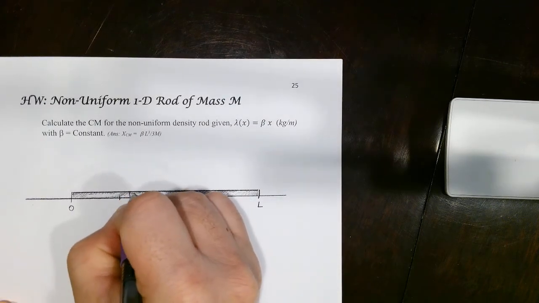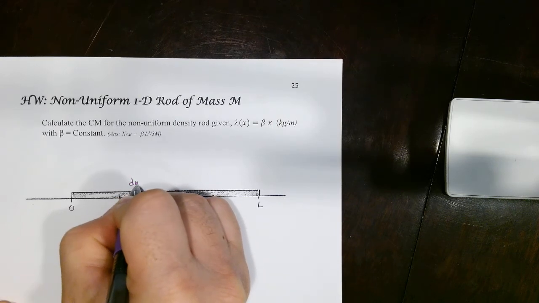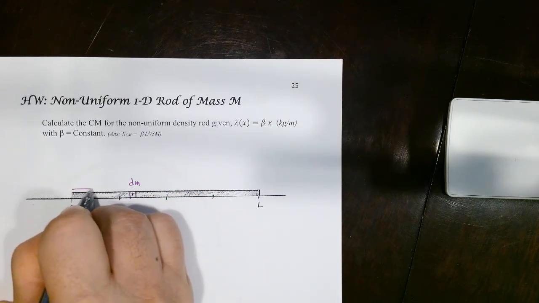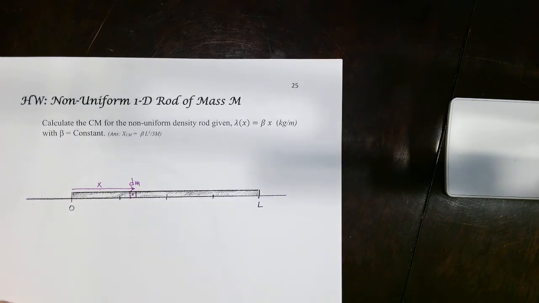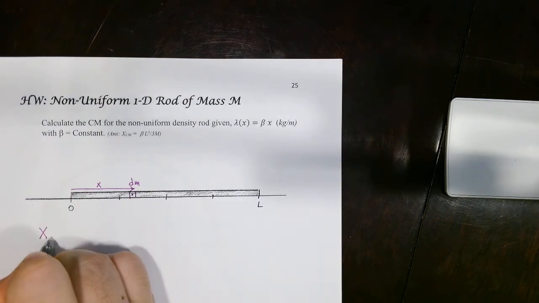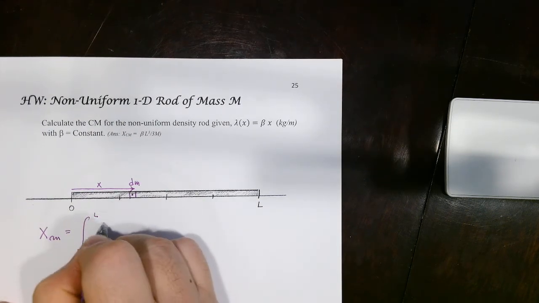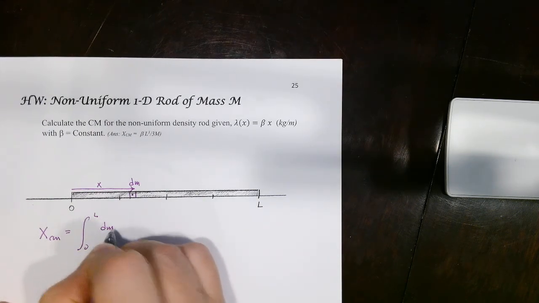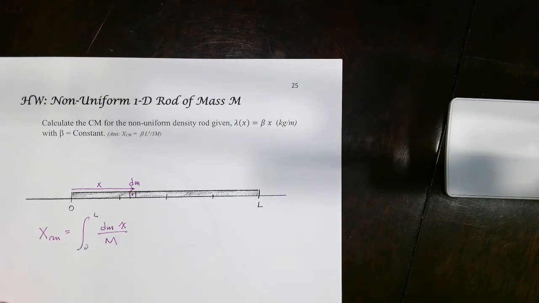So again, if we were to cut out this little dm here at position x from 0, we still say x sub cm is equal to the integral from 0 to L of dm x over the capital M, right?